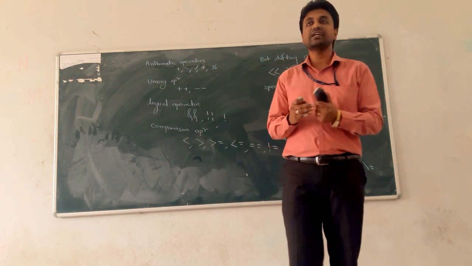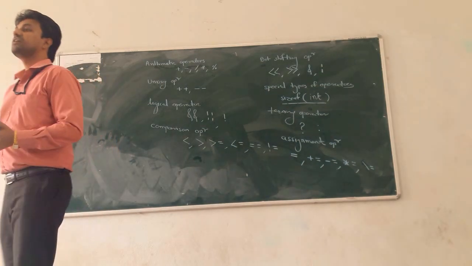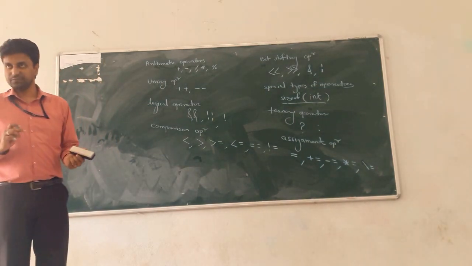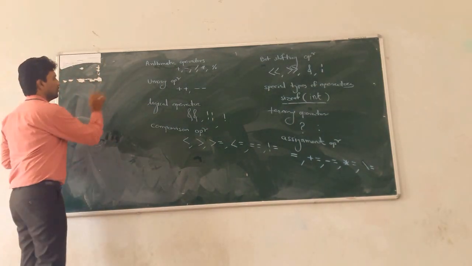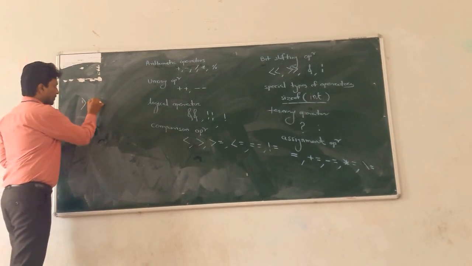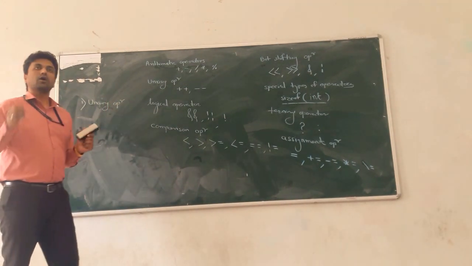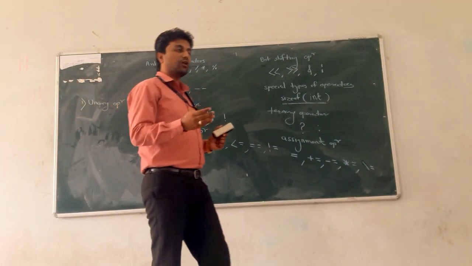Operators are also divided again into three types: unary operator, binary operator, and ternary or tertiary operator. First is the unary operator, based on how many operands the operator performs operation on.